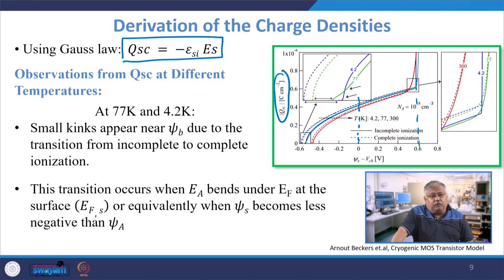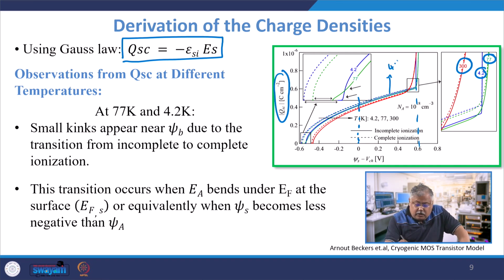Why does the charge increase? Very simple and straightforward, because you have crossed the threshold and suddenly the inversion takes place and the charge shoots up, right. The red colored line is basically the 300 Kelvin line, and 4.2 Kelvin and 77 Kelvin are given in this manner. Now, if you look very carefully, before the inversion region, your dotted line, which is primarily 4.2 Kelvin here, shows a larger charge distribution.